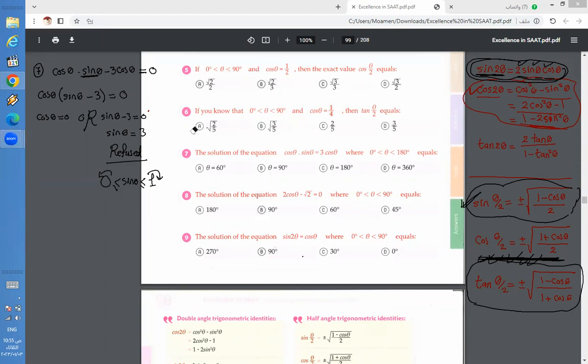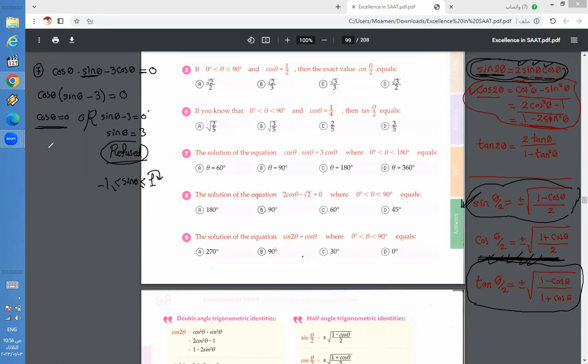So 3 is greater than 1, so this is refused from the beginning. So we only need to find the angle whose cosine is 0.